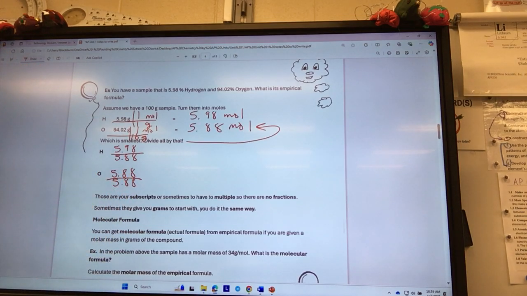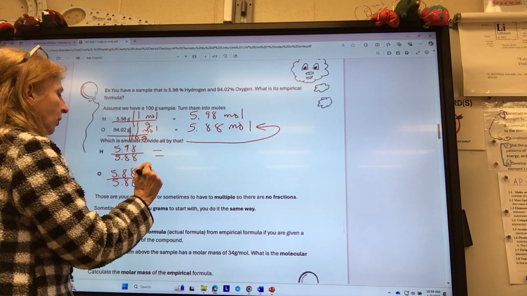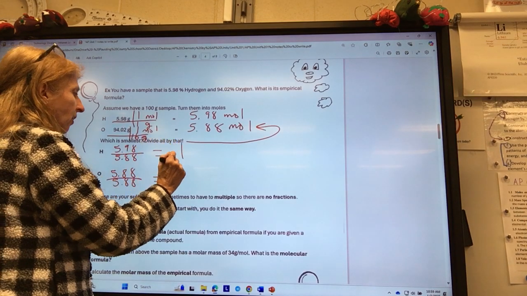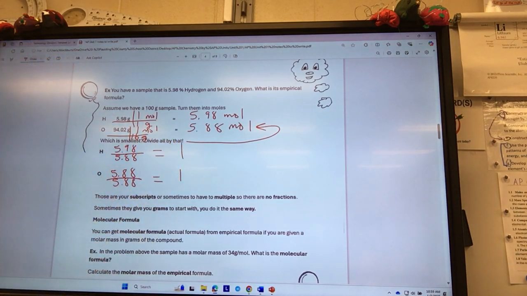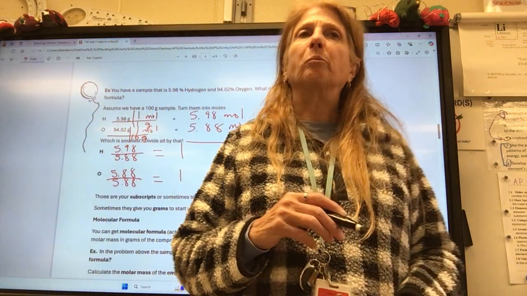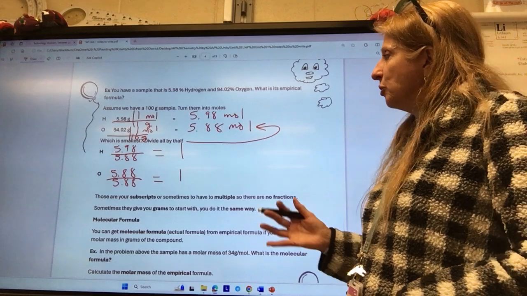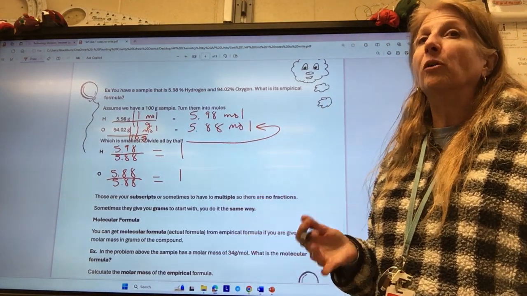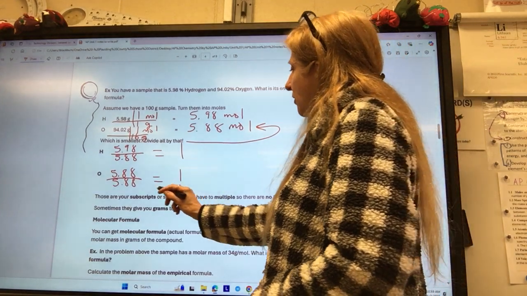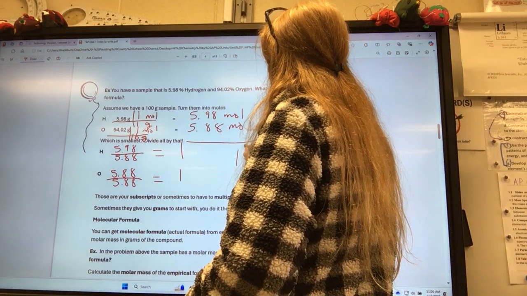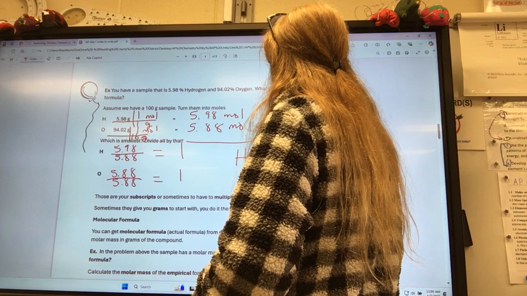And the answer you're looking for is one that can be rounded easily to a whole number. And both of these are ones. Yay! Now, if it comes out 1.5, then you multiply everything by 2 to make them be whole numbers. You get a multiplier. Okay, so these subscripts are your subscripts. So for our empirical formula, it's HO.